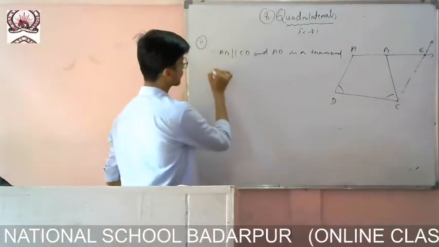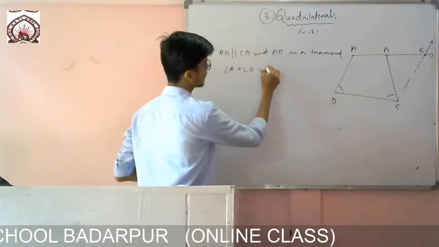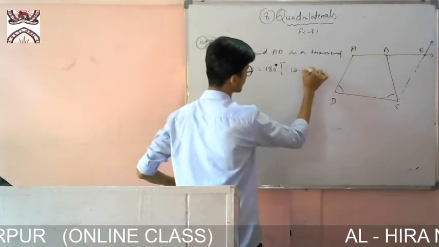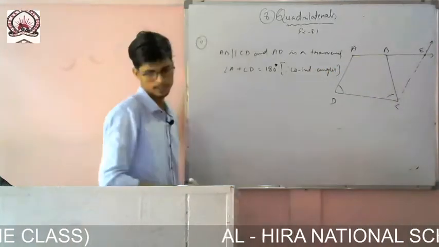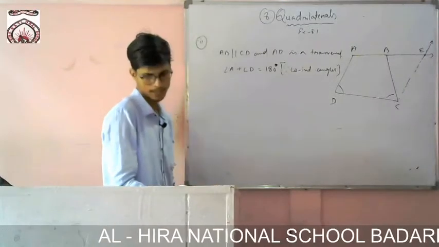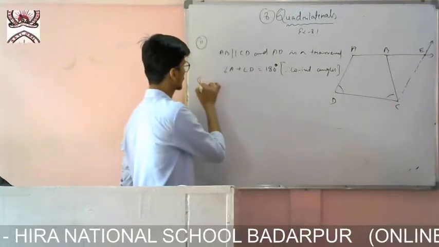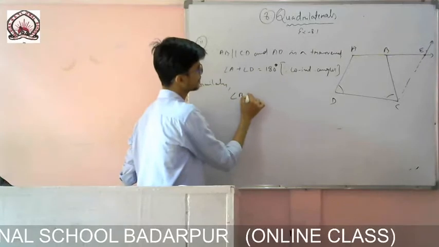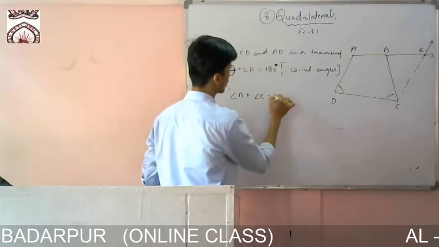So I can write, therefore angle A plus angle D equals 180 degrees, since co-interior angles, and we know that the sum of the co-interior angles is equal to 180 degrees. Similarly, I can show that angle B plus angle C is equal to 180 degrees.